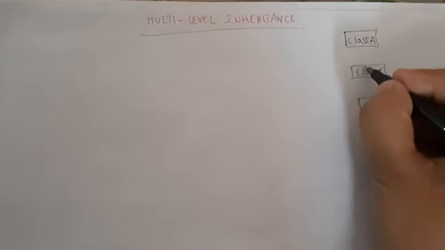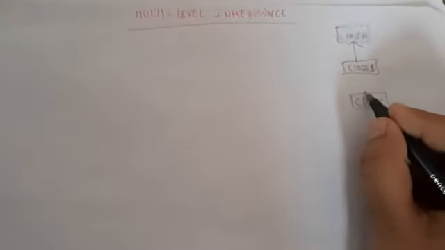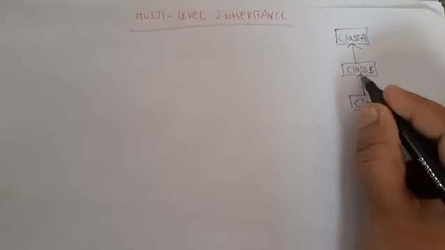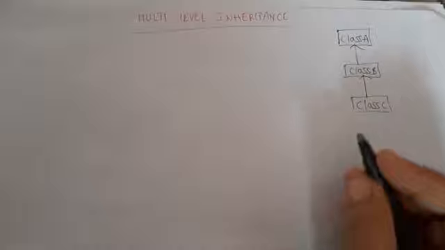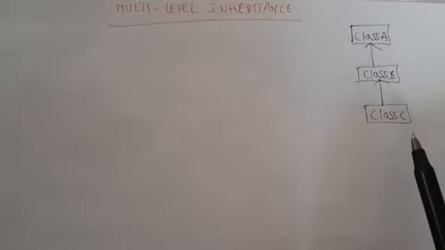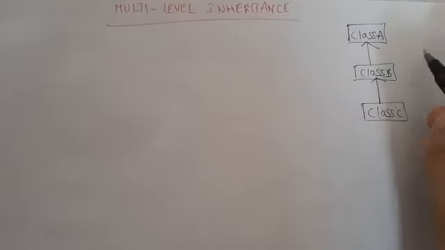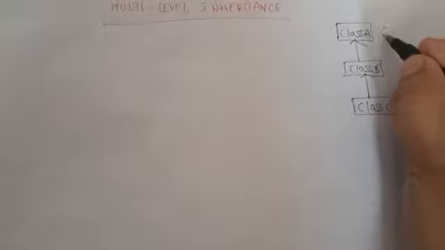This is a derived class from class A. This derived class C has been derived from class B. So the properties which class A has will be derived by class B, and the properties which class B has will be derived by class C. Now let us take this as your grandfather.